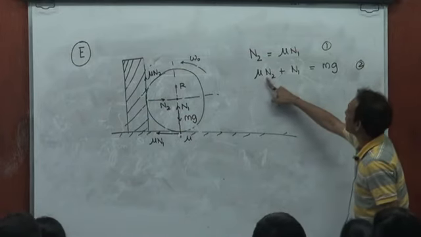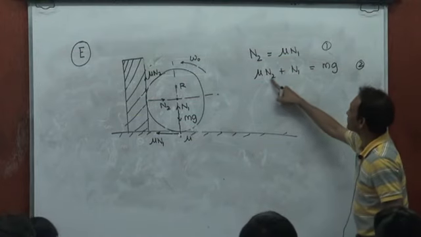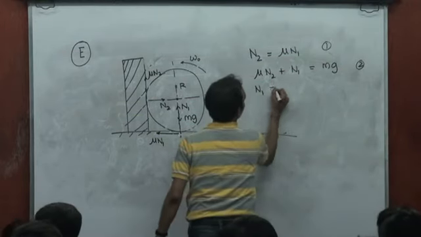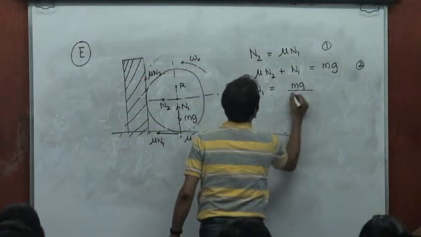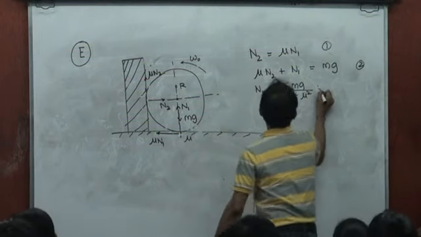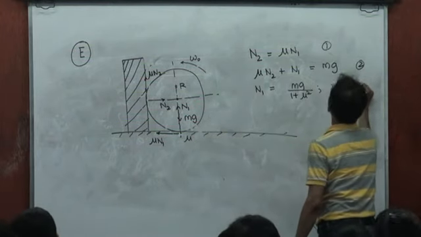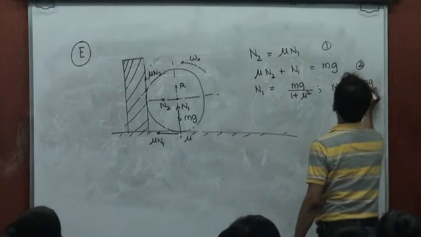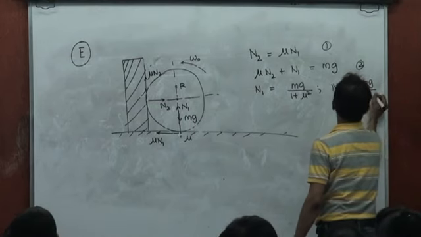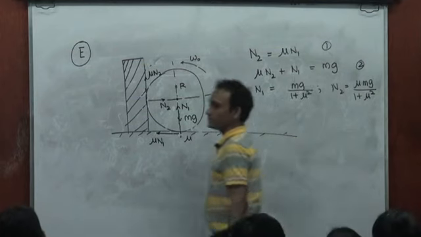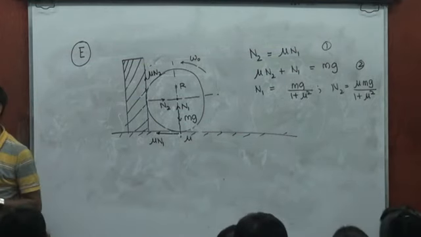Now this N2 I write as mu N1. So I get N1 equals mg by 1 plus mu squared, and N2 is mu N1. N2 and N1 are known then?